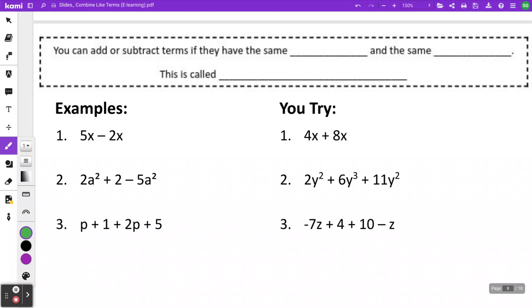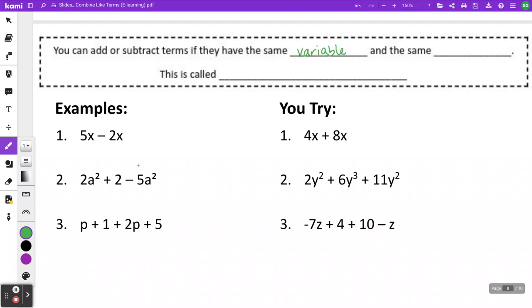But there's a rule for what you can combine. And the rule is you can only add or subtract terms if they have 2 things in common.